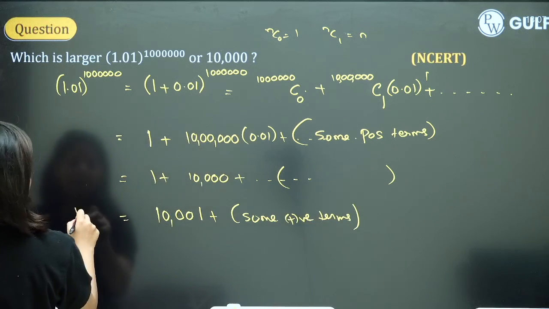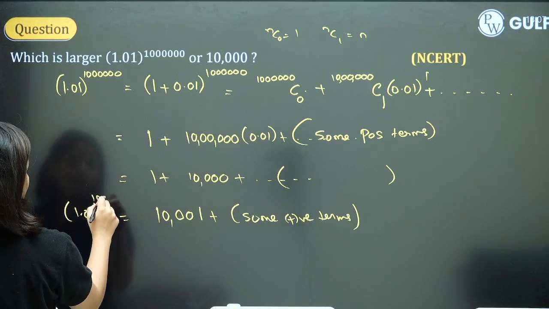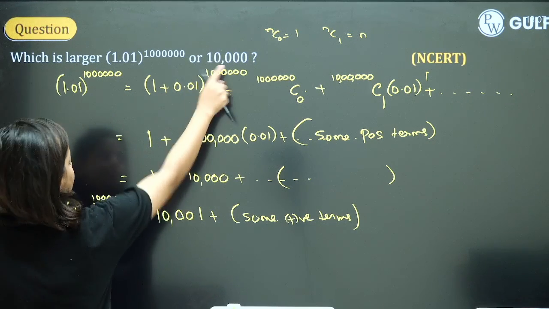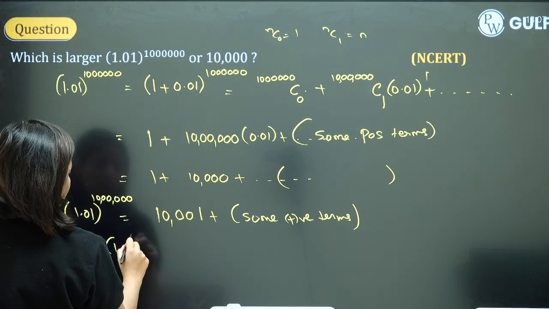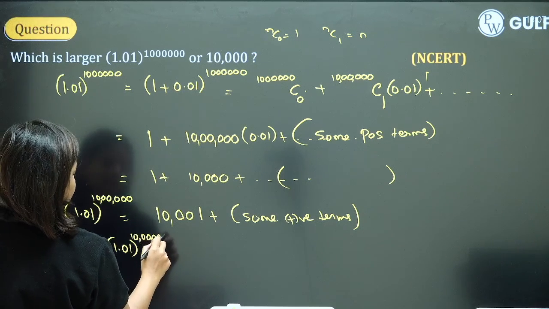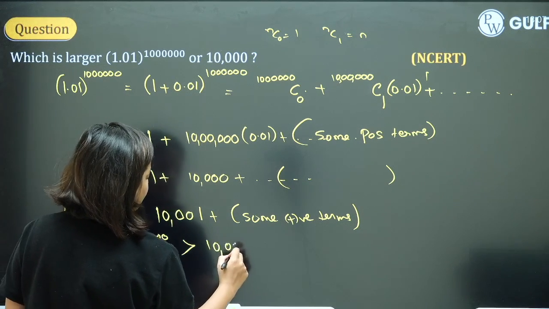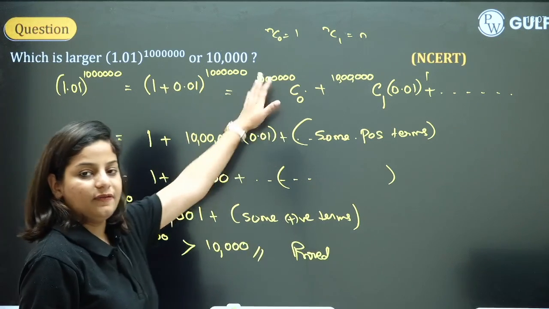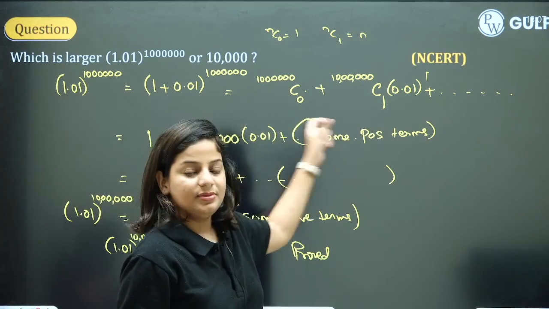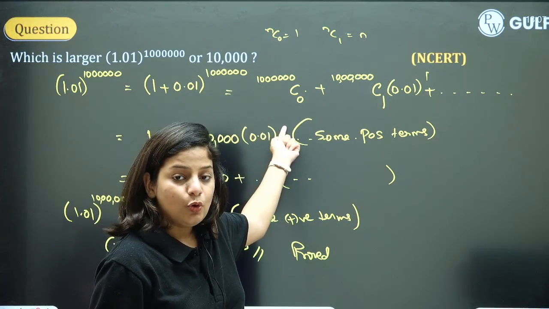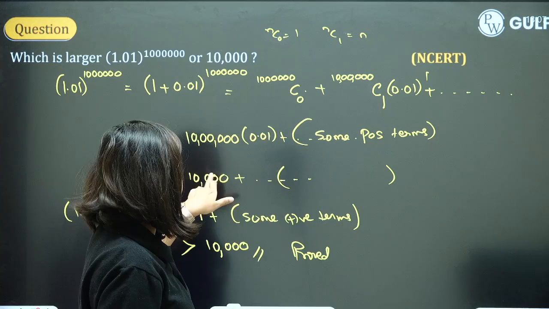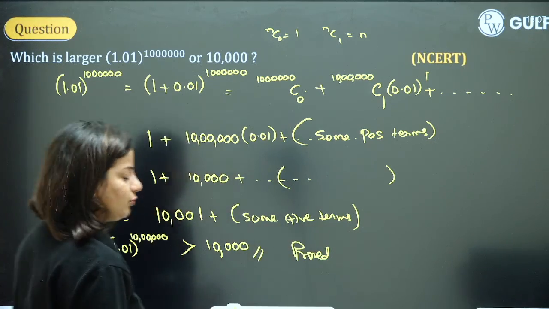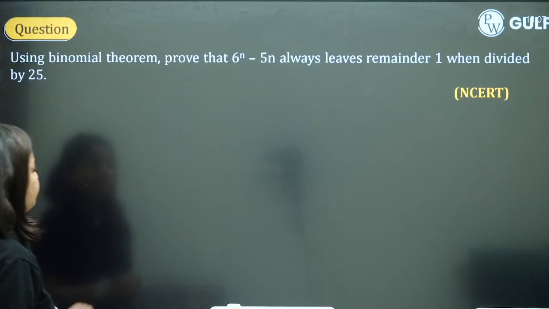So 1.01 the whole raised to 10 lakh is already greater than 10,000. Proved. We just expand it. The first term is 1, the second term is 10 lakhs into 0.01, that becomes 10,000, plus 1 and some more terms. So it is easily shown that this number is greater.